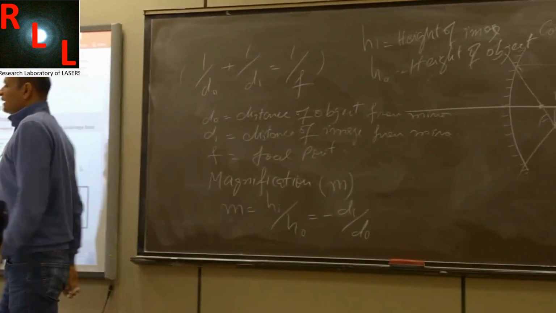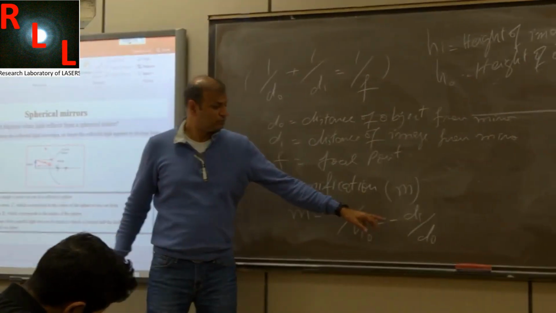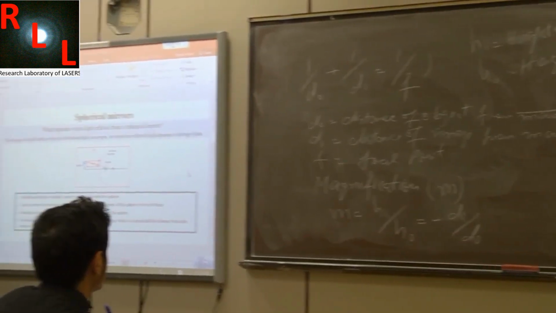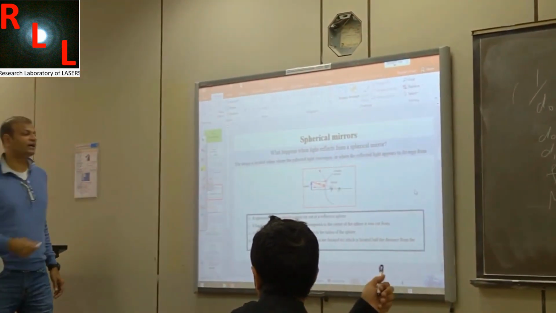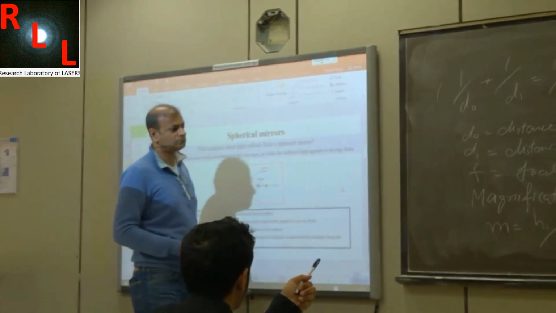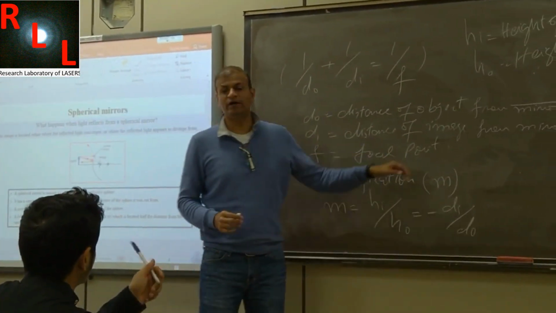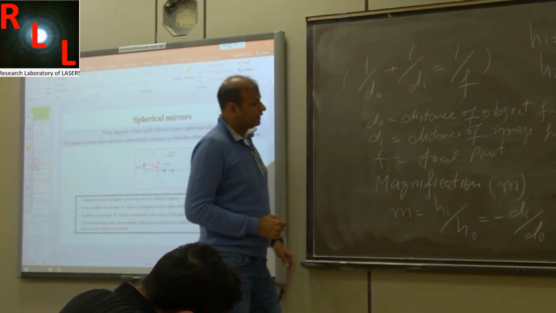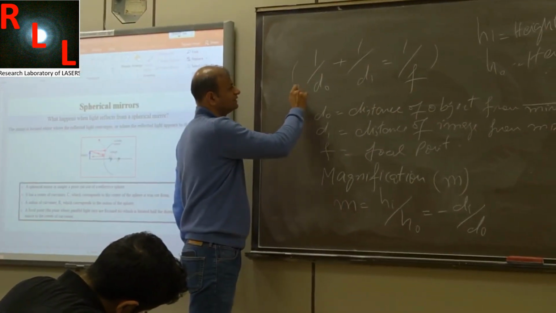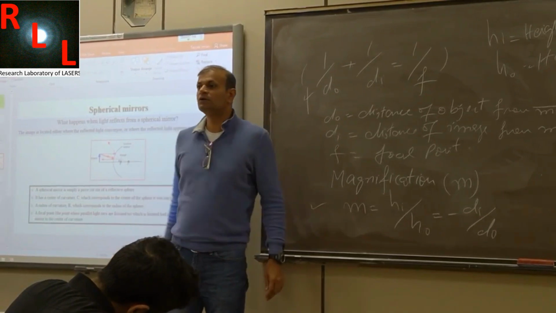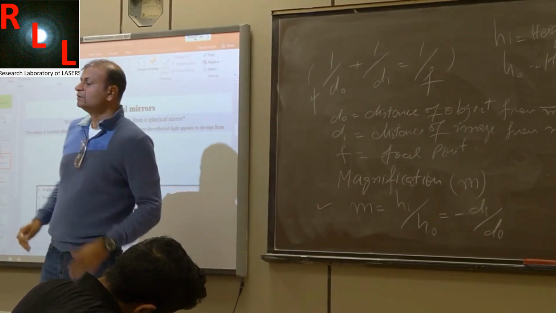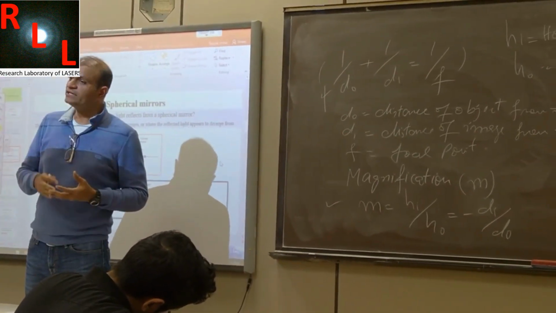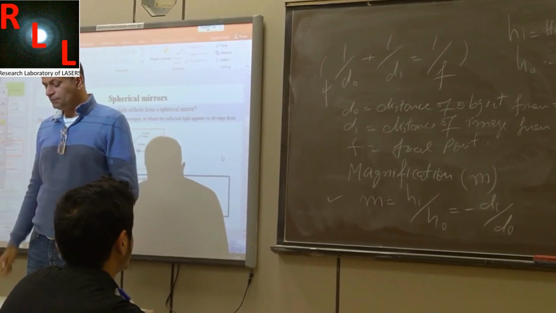Magnification is also related to distances. So with the help of these equations, we can understand F, the focal point or focal length, and find where the image is formed, what kind of image, the size, etc.